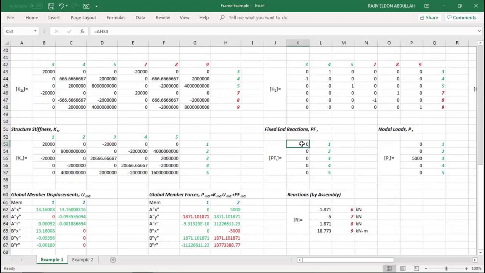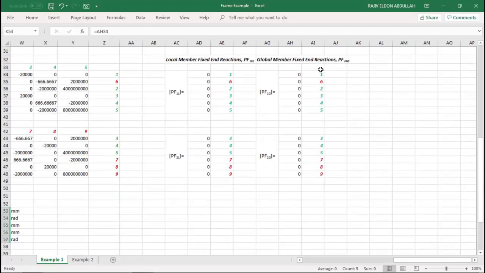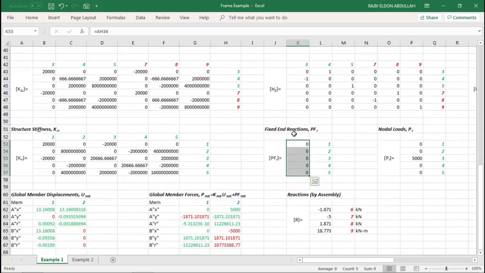Now for the fixed end reactions, you get these, again you assemble this array or this matrix from here, from PFMG. Okay, you assemble fixed end reactions, PFR, from PFMG.